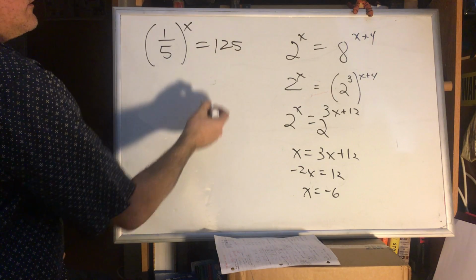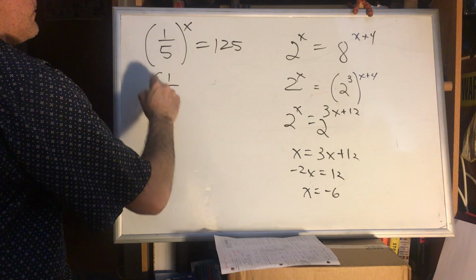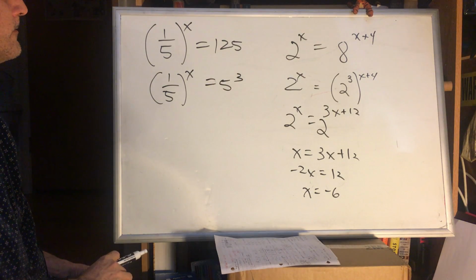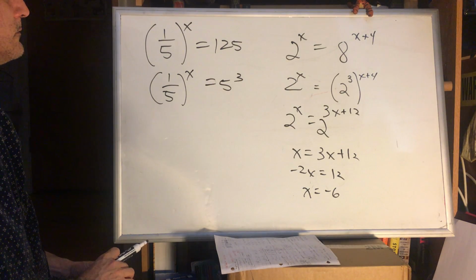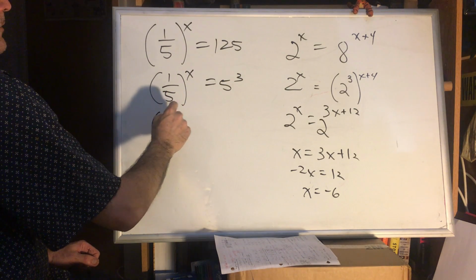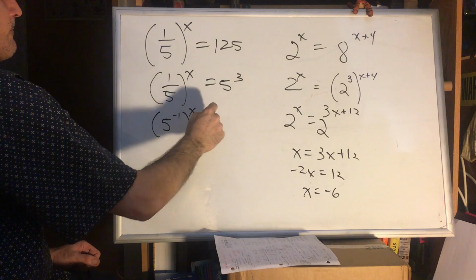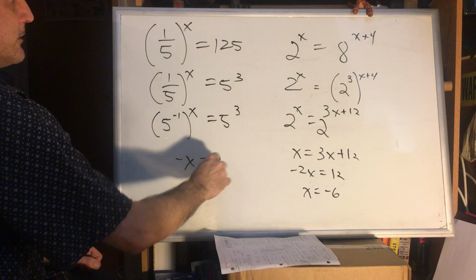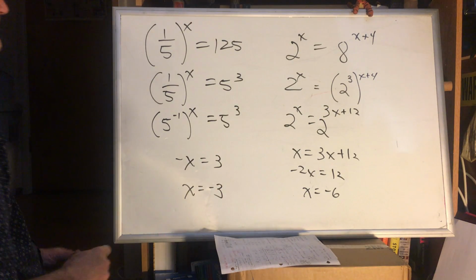So I know that 125 is 5 to the 3rd power. Okay, well, this is really 5 to the -1 power. Okay, so then that means -x equals 3. So x is -3.